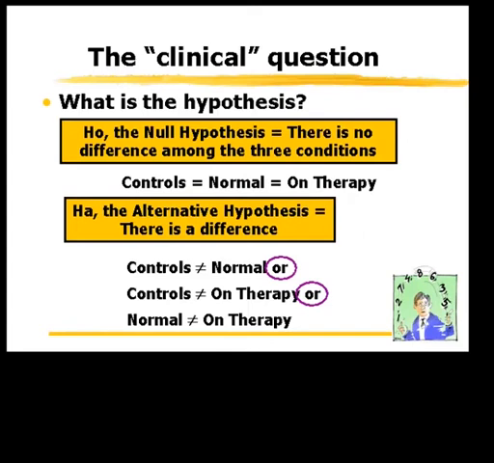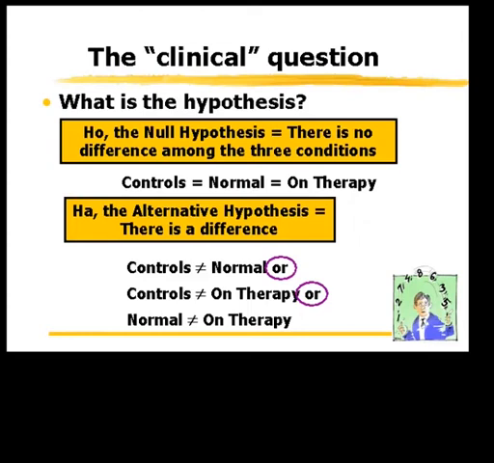The omnibus test tells you that there is a difference amongst the controls and the normals, or the controls and those patients on therapy, or those patients that are normal compared to those who are on therapy, but it does not tell you specifically which one of those three conditions is different. And that's what you need to make note of. And that's why Dr.